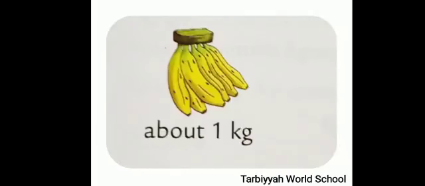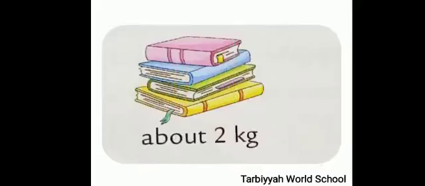See, the bananas is about 1 kg. So it is heavy, so we have to measure in kg. See, the weight of 4 books is heavy. So the weight of 2 books is about 2 kg.